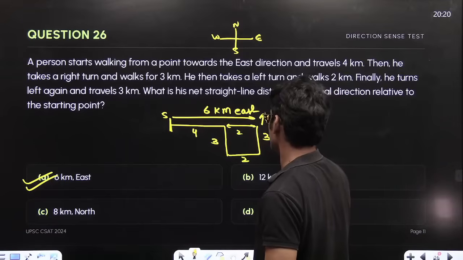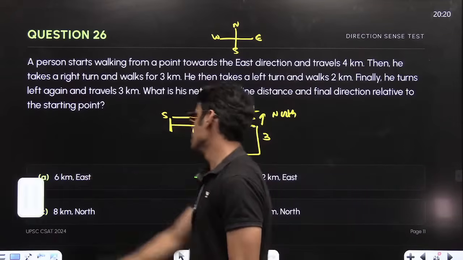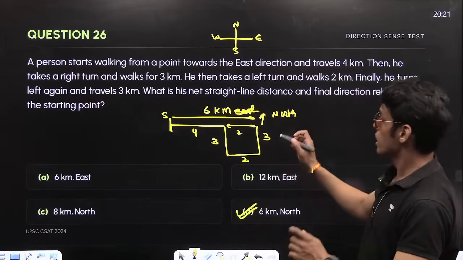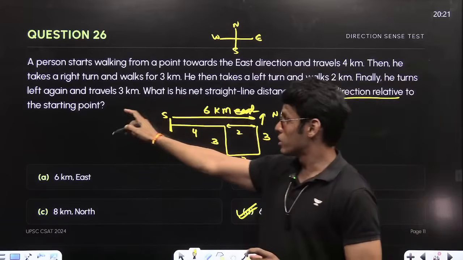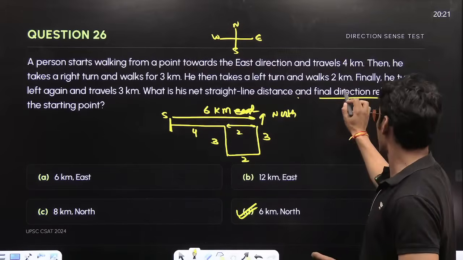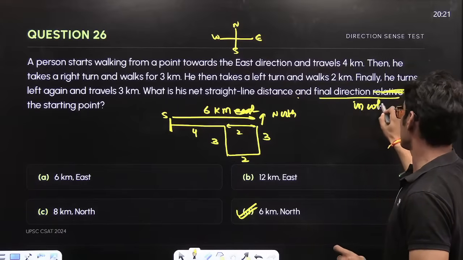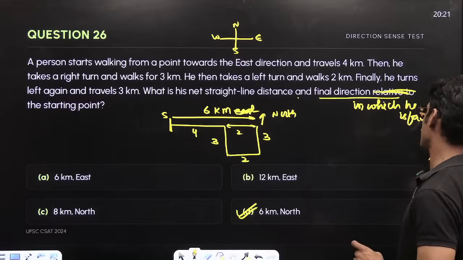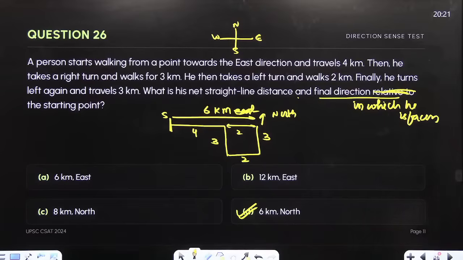Correct. I thought relative to the starting point. Yes. The answer will be 6 kilometers north. Because what is the net straight line distance and final direction? The question is written wrong here. The final direction in which he is facing. So he is facing north. Yes, that is correct.